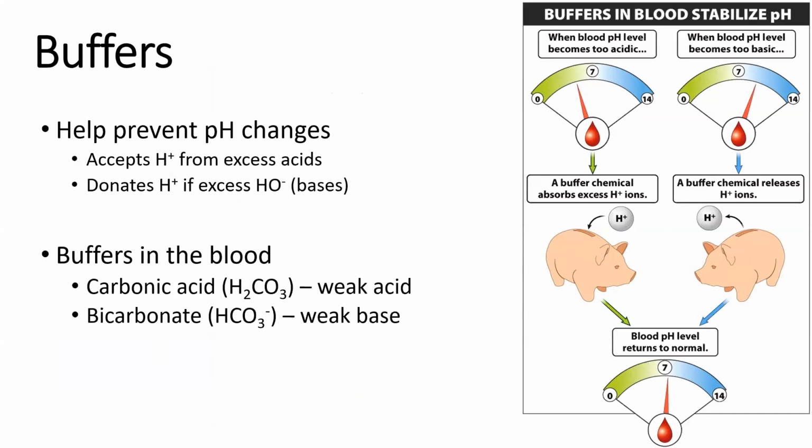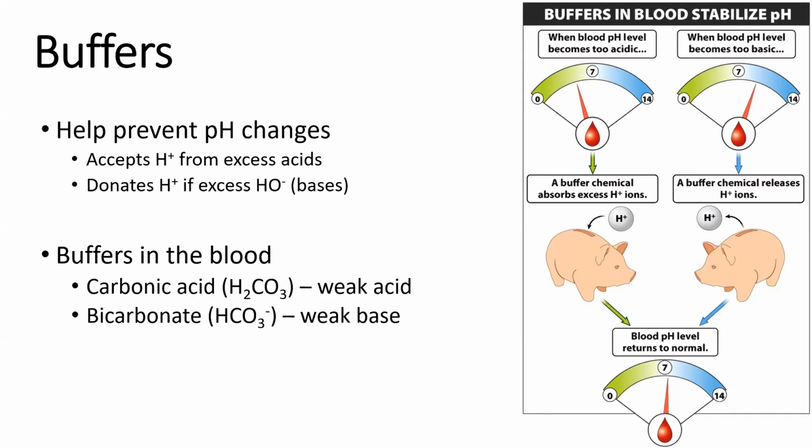Bicarbonate is the buffer that helps maintain your blood pH at a constant 7.4, your tissue pH at around 7, your urine around 6, and helps maintain your stomach acid at around 2.5.